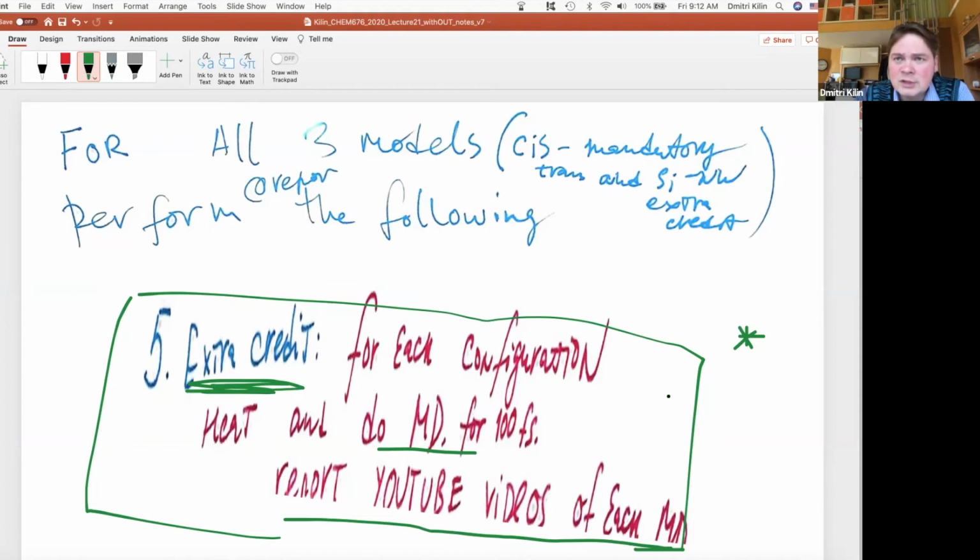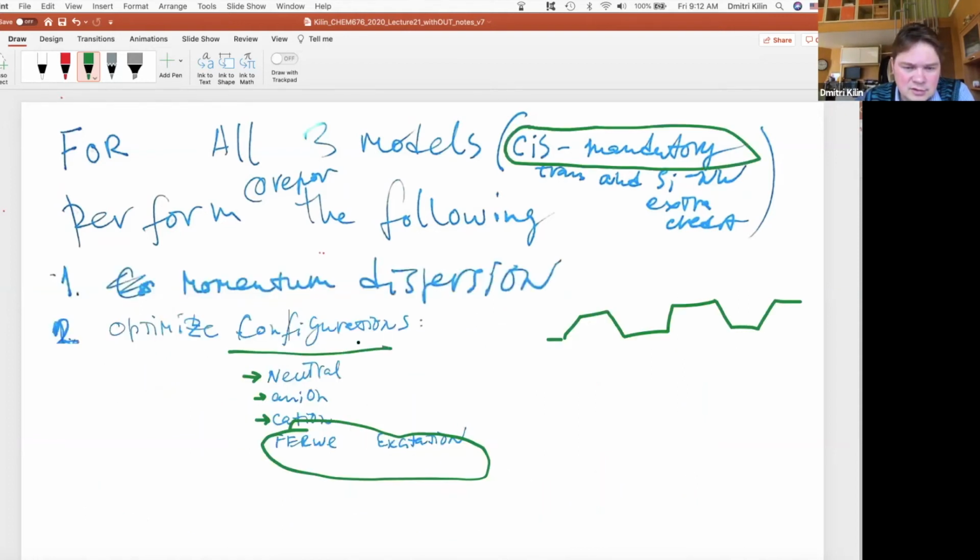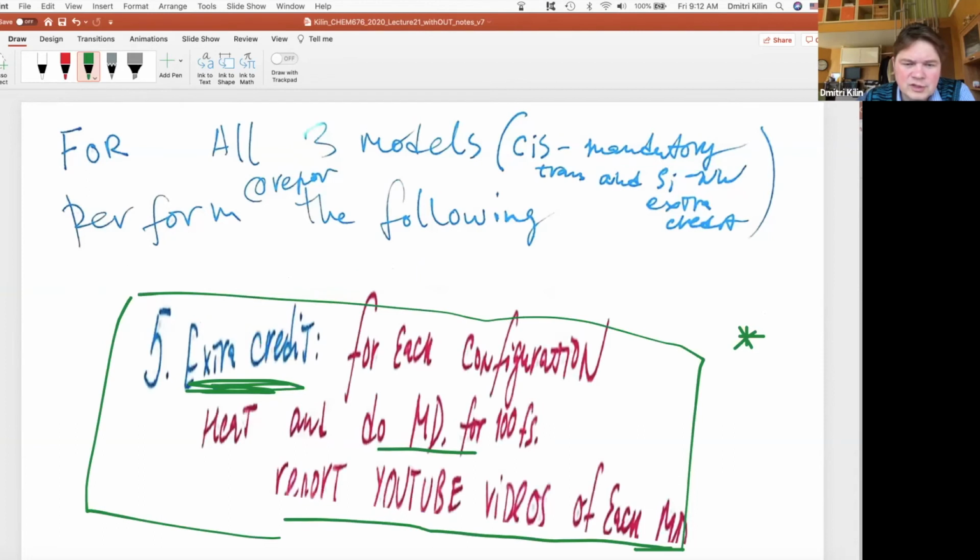There was a similar homework in previous years, and there were several common mistakes. The class attendees were doing correctly the configurations of the neutral, anion, cation, and triplet. Then they were forwarding the geometries to different directories for heating and molecular dynamics, and using standard templates of the INCAR for this: INCAR for heating and INCAR for molecular dynamics.